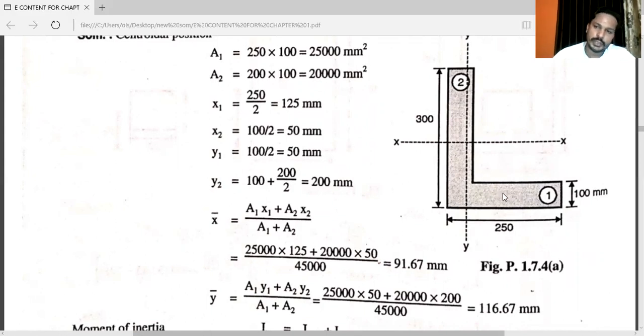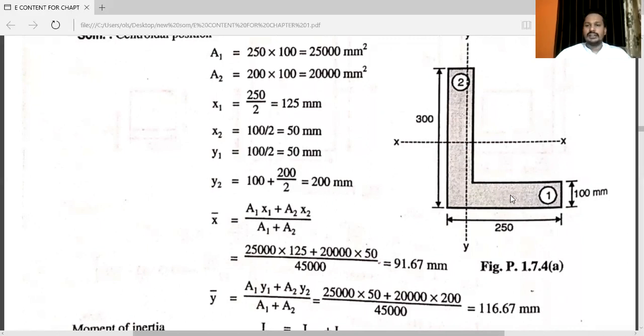So the distance will be 116.67 minus this 50, because the centroid point of the first rectangle from the base is at a distance of 50. So the total distance is 116.67 minus 50.